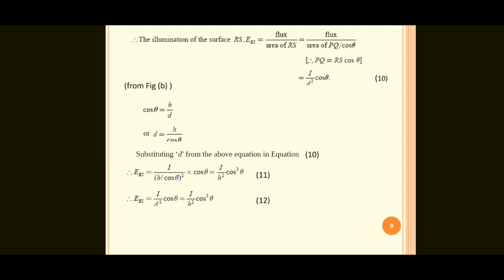The illumination E at any point on a surface is directly proportional to the cosine of the angle between the normal at that point and the line of flux. So theta is the angle at which the surface is inclined to the line of flux.